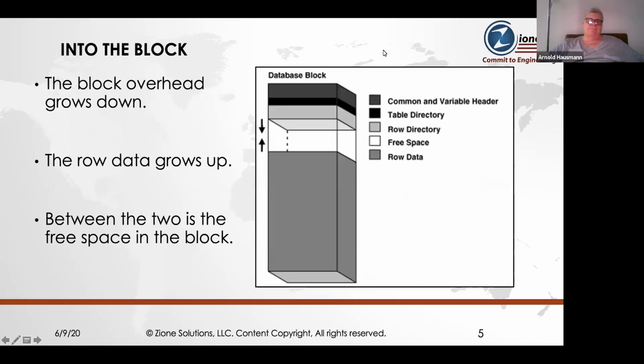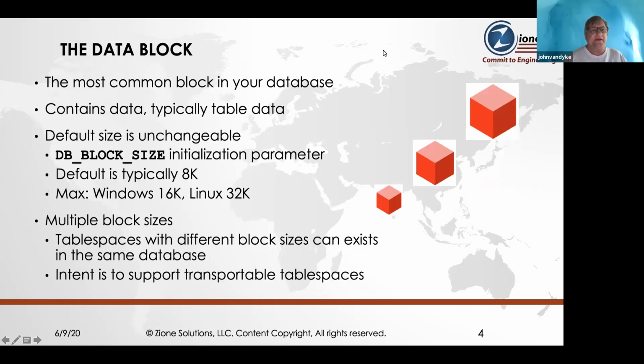So the data block, of course, is going to be the most common block in your database. There are other kinds of blocks. There are index blocks, rollback blocks, temp blocks, but really they're all about the data block. That's really what matters because that's where our data is stored, and that's what makes the database the database.